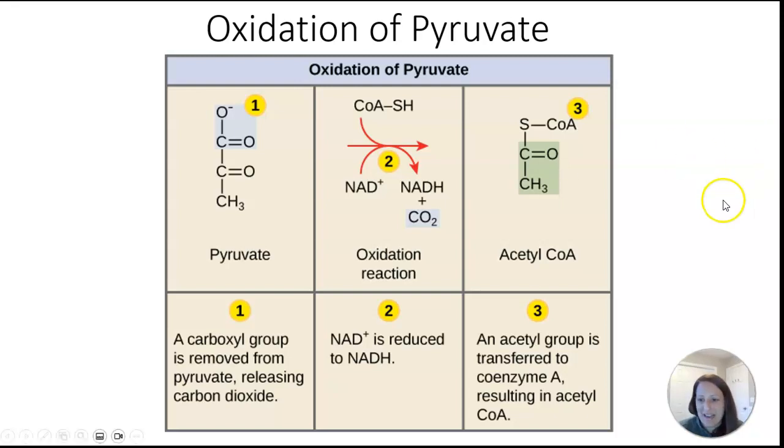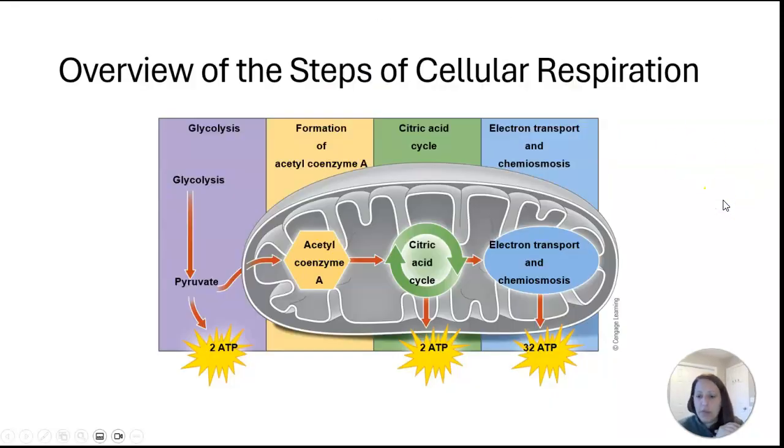So what happens next? Both of those molecules of acetyl-CoA that were just formed are going to now enter into the citric acid cycle, which still takes place in the mitochondrial matrix. So we stay in the inside of the mitochondria. Just to recap, from glycolysis, we end up with 2 ATP, 2 NADH, 2 molecules of pyruvate.